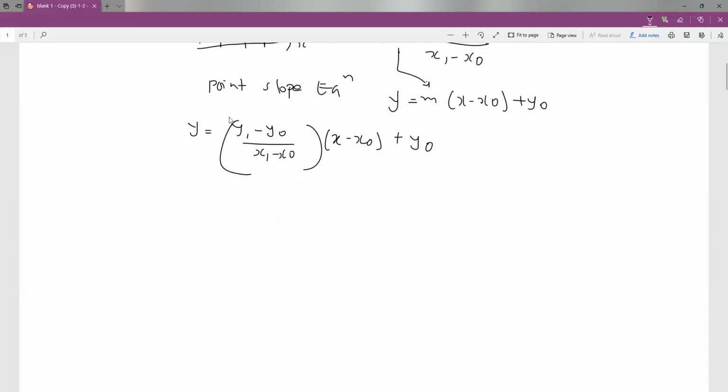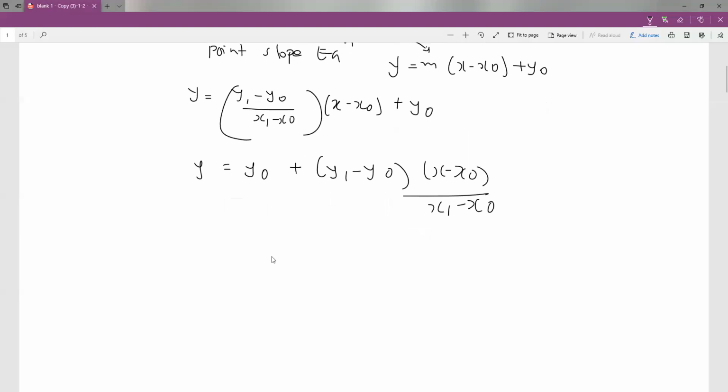So if I rearrange this function a little bit, I can get y is equal to y0 plus (y1 minus y0) times (x minus x0) divided by (x1 minus x0). Now, when we evaluate this function at x0 and x1, it produces y0 and y1.